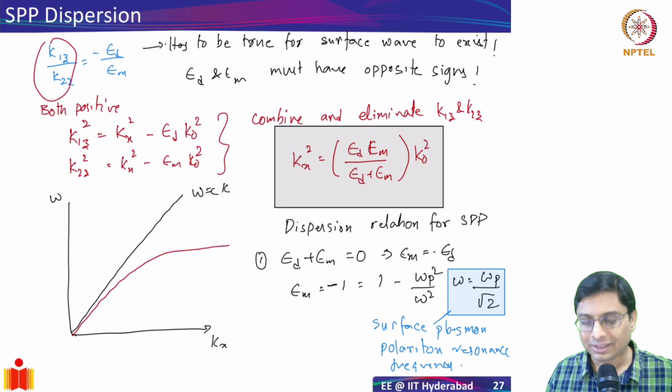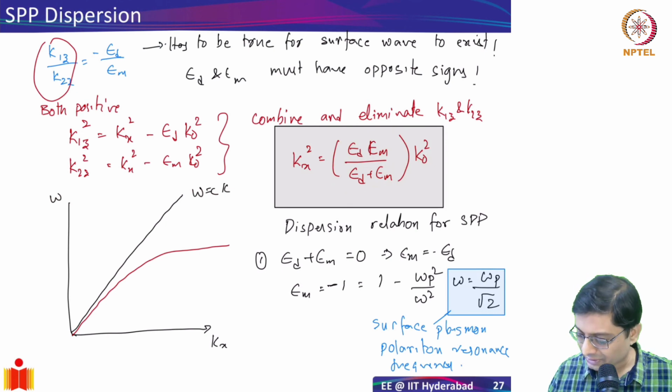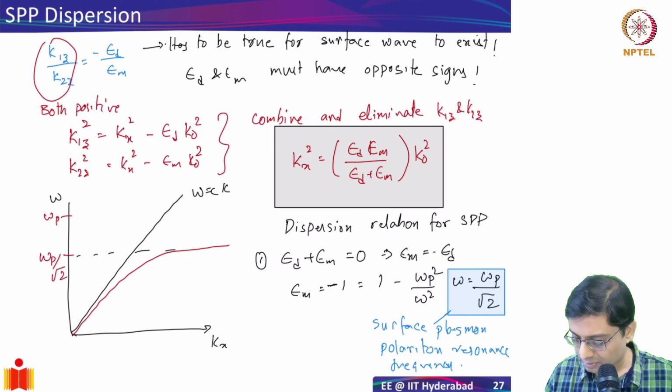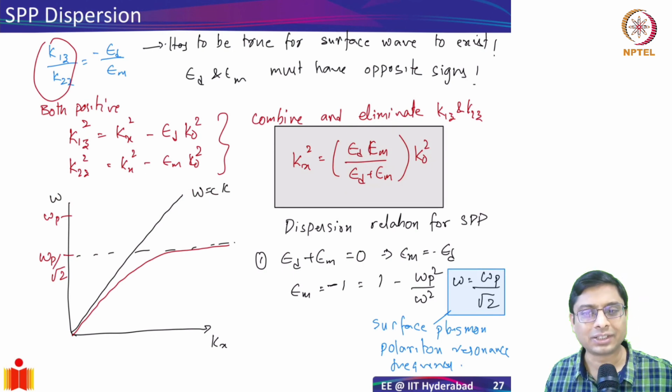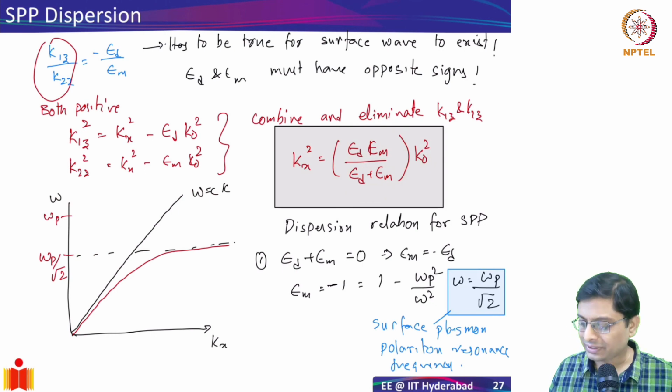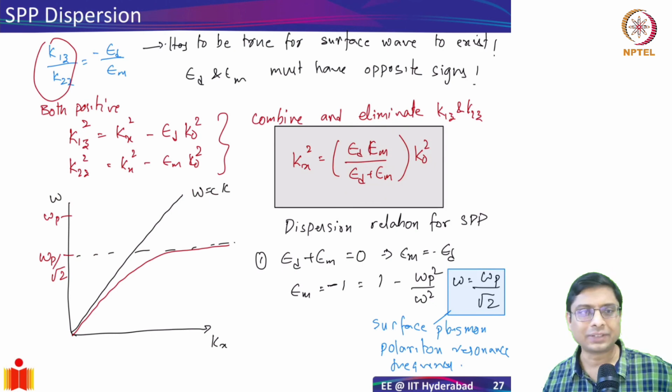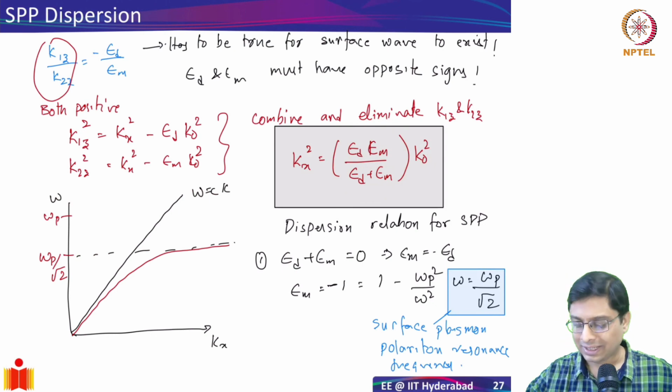Essentially your kx is going to blow up when your frequency approaches, if this is my omega p, omega p by root 2. My kx is going to become very large. That is the SPP resonance frequency. What happens at this resonance frequency, below and above, we will consider in the next lecture.